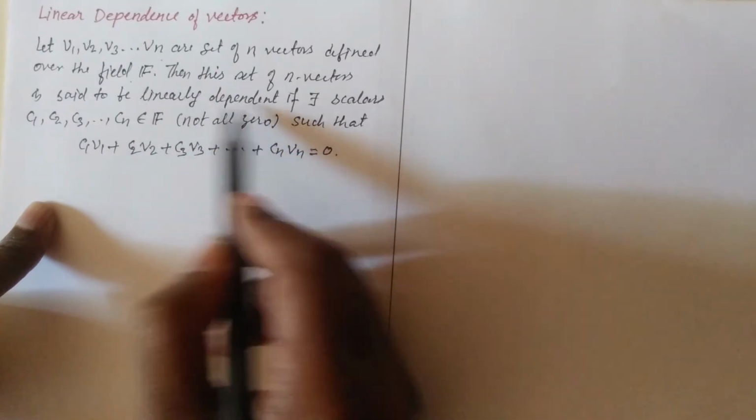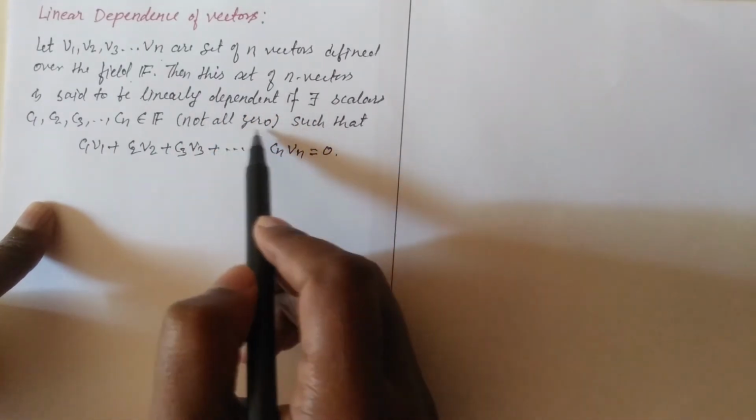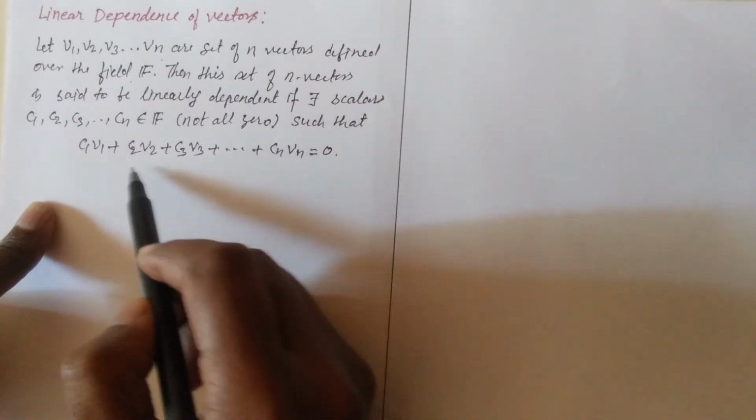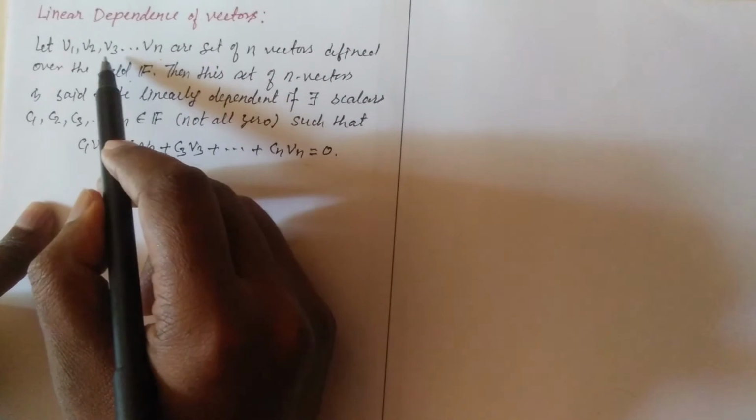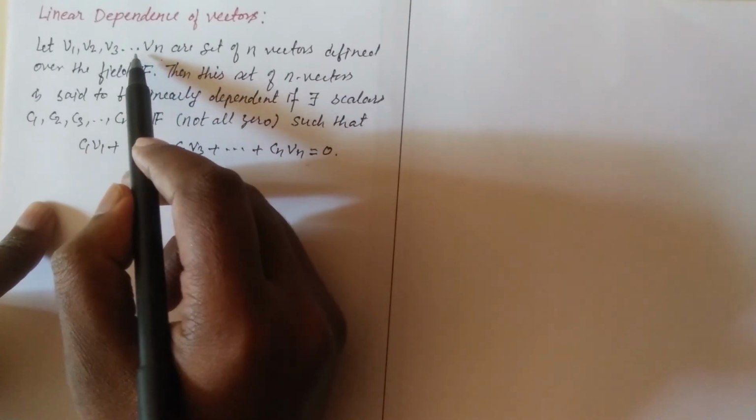At least one scalar should not be 0 and their linear combination will be 0, then such vectors are said to be linearly dependent.